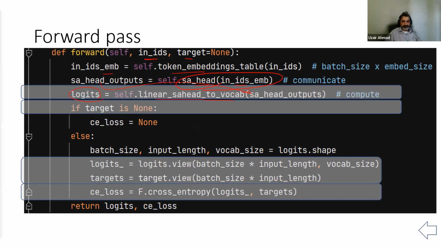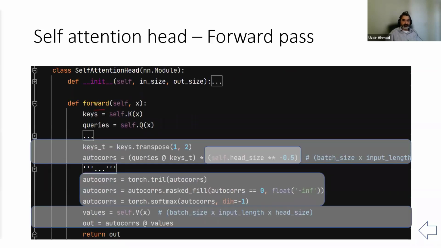What happens? We come to the forward method. It is passing those inputs through the K, which corresponds to a network that learns the identity of input, keys. Another network, Q, which corresponds to query.